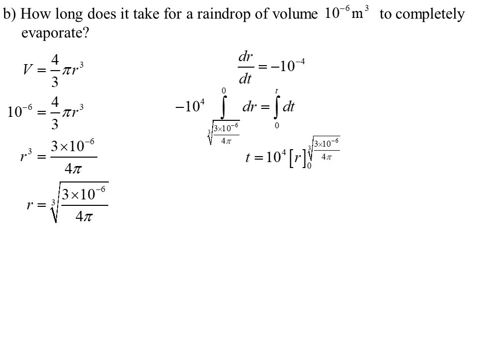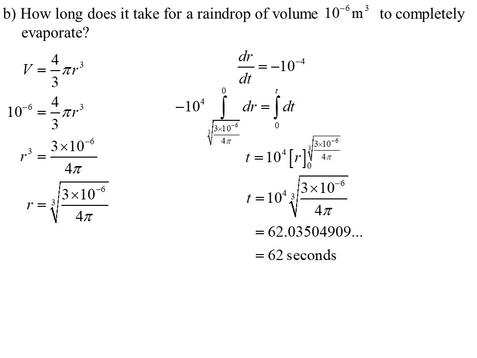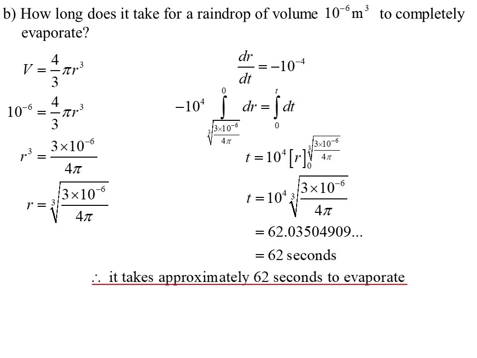So that one we often just go, oh, well, that's t. The other side, though, I do need to put r there because we've got things to substitute in. And it'll be 10 to the power of 4 times the cube root of 3 times 10 to the negative 6 and so on. Now I'll go to my calculator, and to the nearest second, that's 62 seconds. So it's going to take about 62 seconds to evaporate.